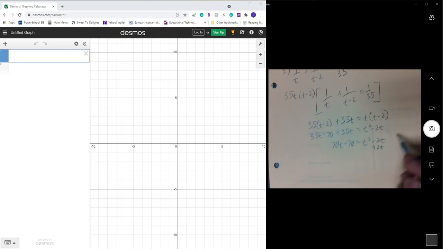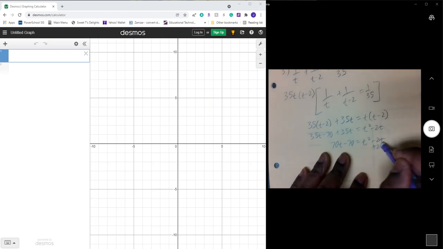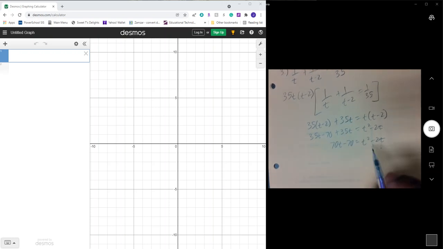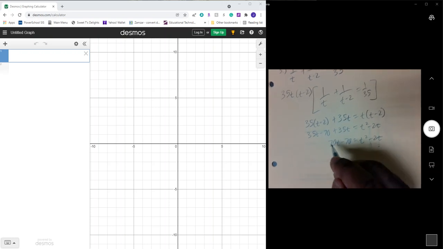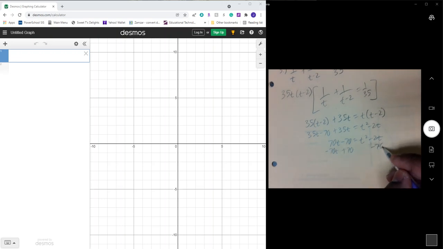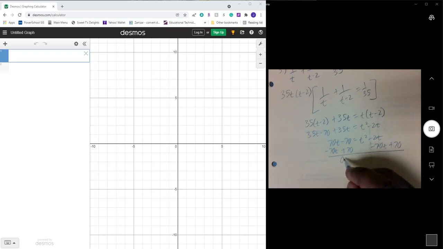Well, actually, no. We should actually move the 70t and the 70 because we typically don't want our variable squared to be negative. So we'll subtract 70t and add 70 on both sides. So this will give us 0 is equal to t squared minus 72t plus 70.